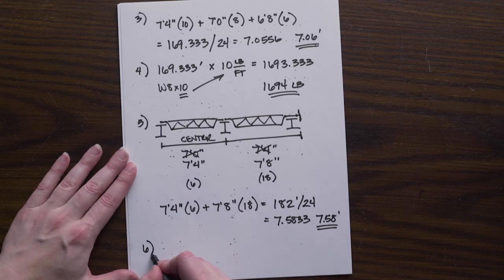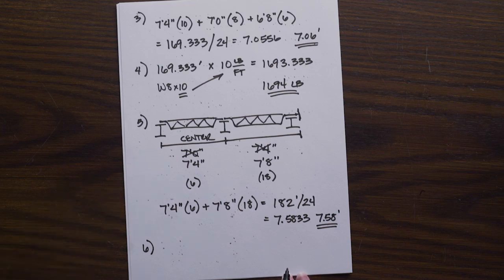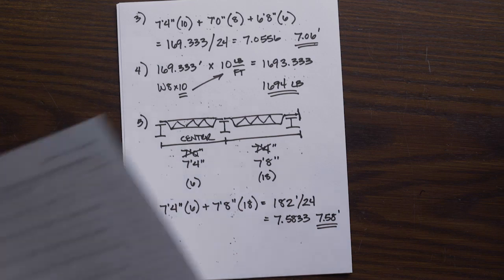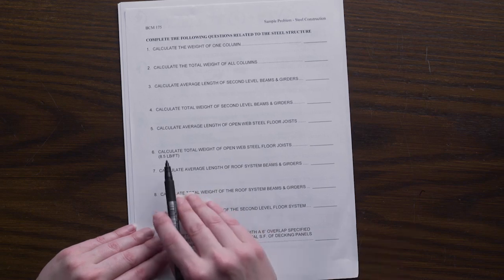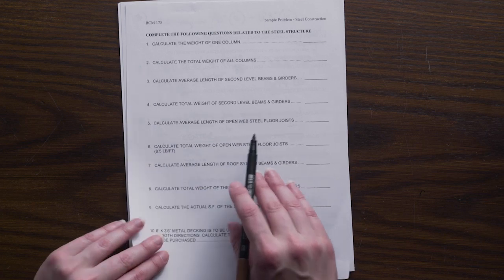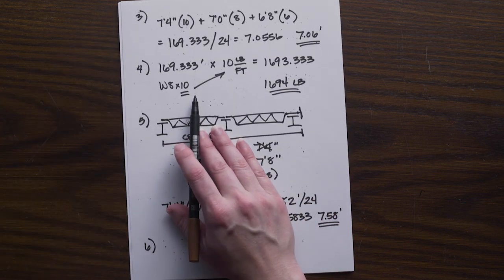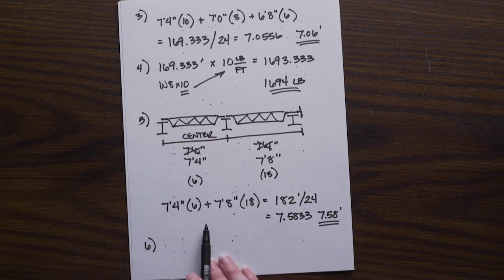If we are looking for the total weight, then we see in our sample problem that we have 8.5 pounds per foot. Unlike when determining structural steel, where it tells us that we have W8 by 10, the configuration for the joist does not tell us anything related to the weight per foot.